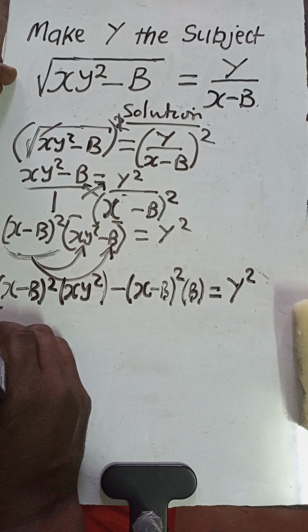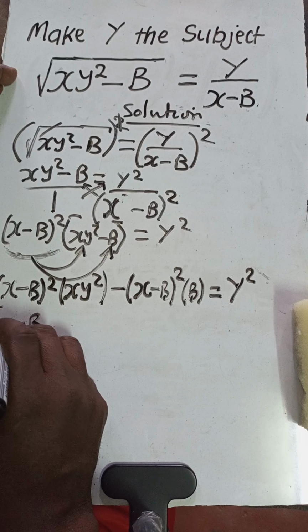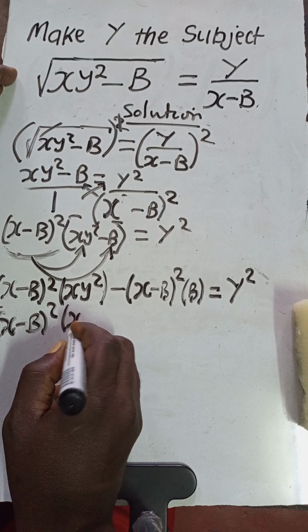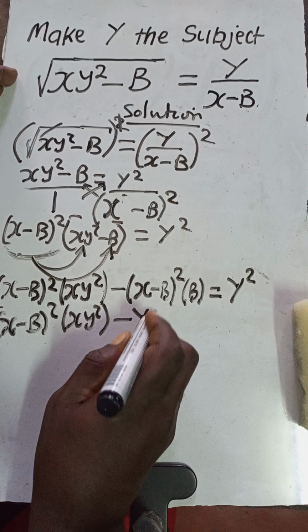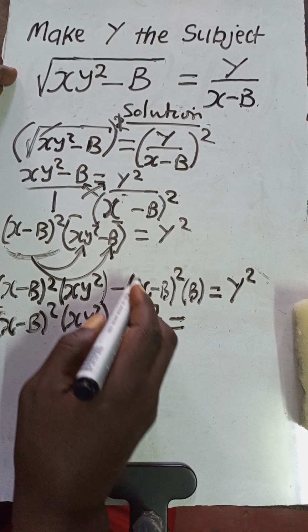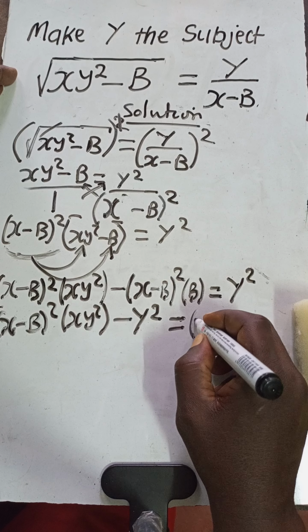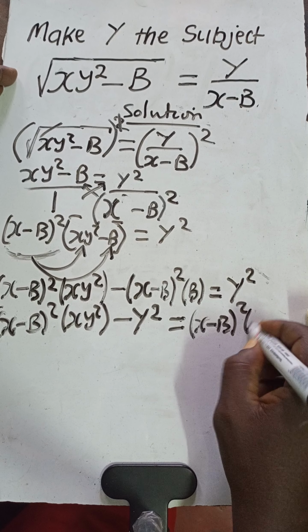So we have x minus b all squared into xy squared, that one coming this way becomes minus y squared. This minus, taking it that way, becomes positive, so all of this now becomes positive: x minus b squared multiplied to b.